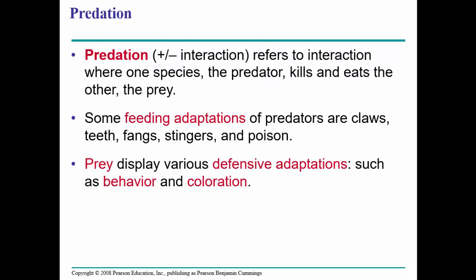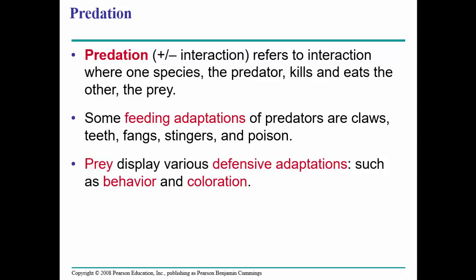So let's see predation. Predation is an interaction where one species, mostly predators, kill and eat the other, especially the prey. So it's simply a feeding relationship between the predators and the prey.